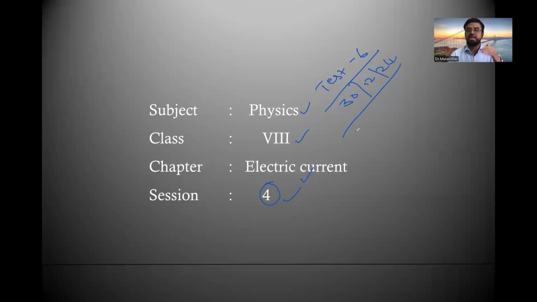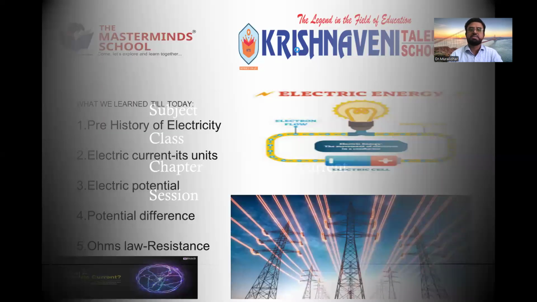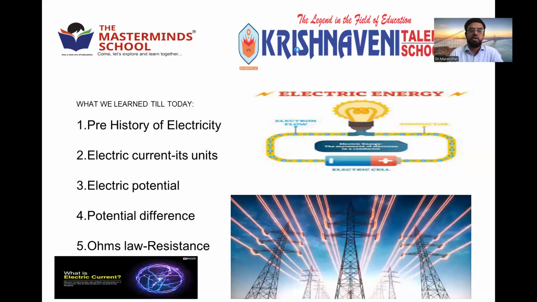But before that, let us recall what we learned in the last 3 sessions of electric current, right? When you see the slide here, you can understand the total things we learned so far, with colorful pictures.